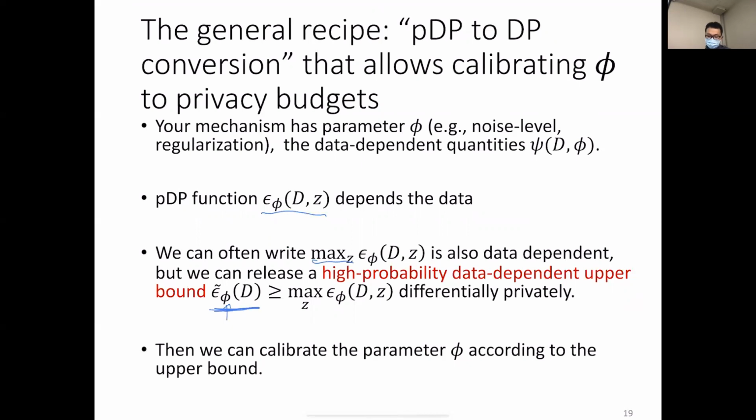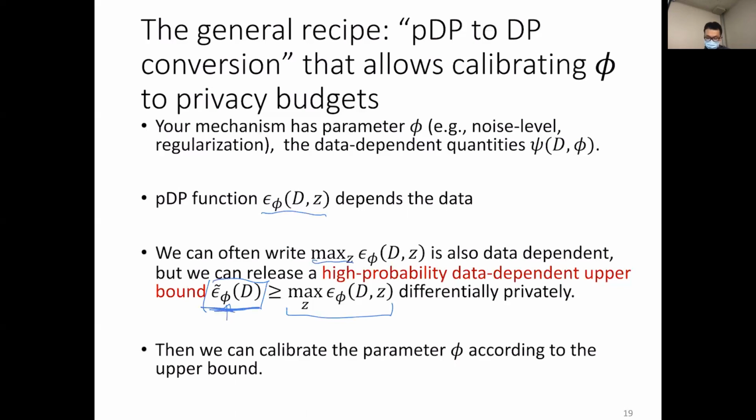Notice that this is a function of phi, and we're simultaneously privately releasing the entire function that depends on phi. If we can do this, then we can solve the inverse of this function to find the corresponding phi parameter that can be used to achieve a predefined privacy budget.